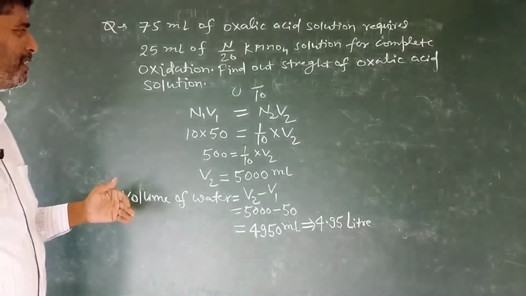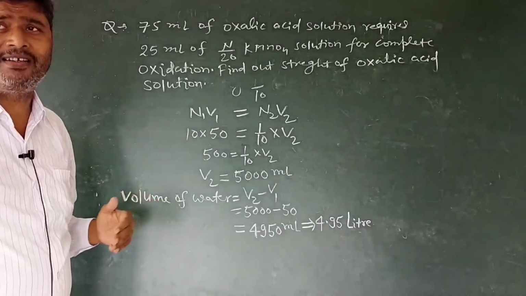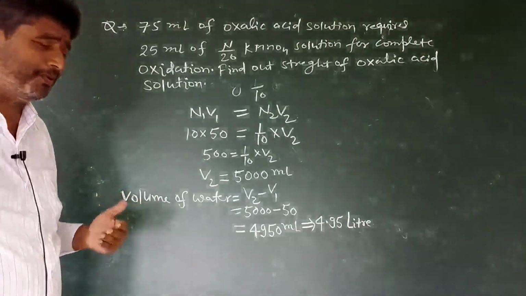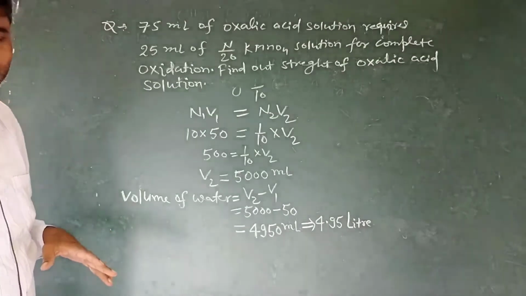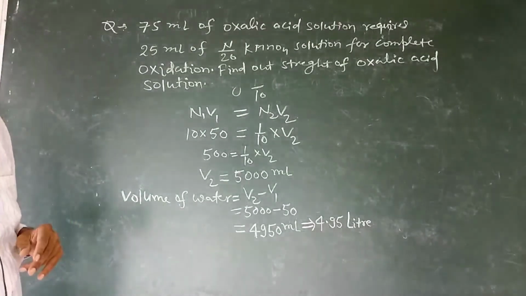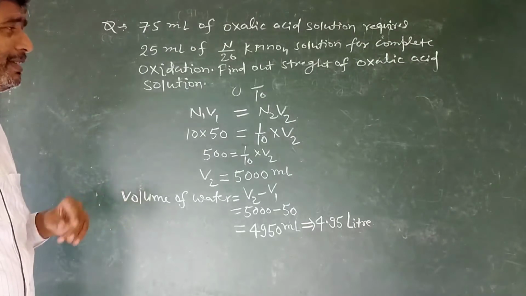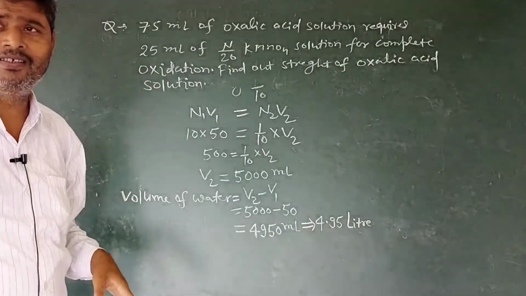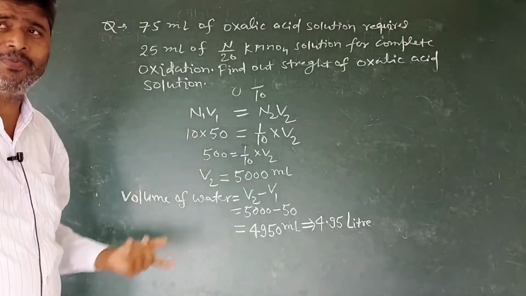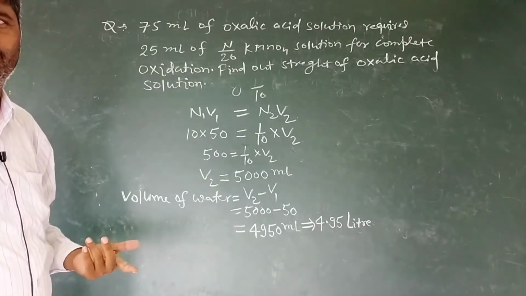So here we will compare gram equivalents on the basis of known solution and unknown solution. That is, N1 V1 is equal to N2 V2. If the question is given in terms of molarity, then we write M1 V1 is equal to M2 V2.